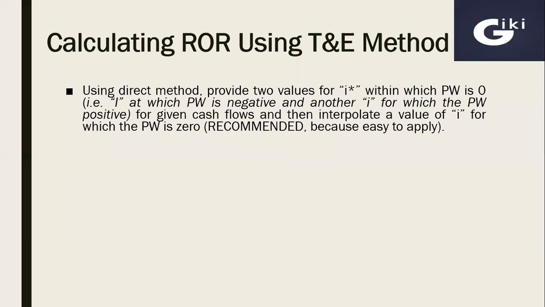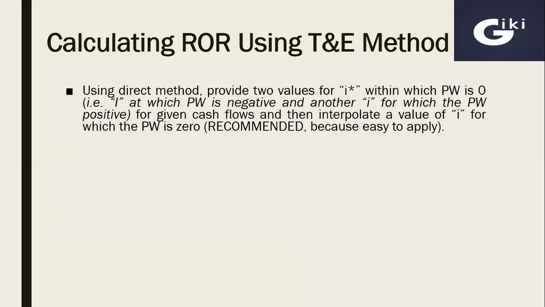So using direct method provide two values for rate of interest within which present worth is 0. For example, an interest rate at which present worth is negative and another at which present worth is positive, for given cash flows, and then interpolate a value of I for which the present worth is 0.